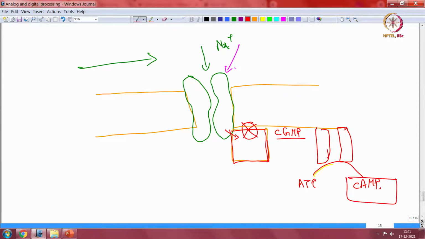Cyclic AMP is an important messenger. Now, these are not linear functions. It is not that one signal is equivalent to a single output. There is amplification happening at various stages, and you have a larger amount of cyclic AMP which can act for a longer duration of time.